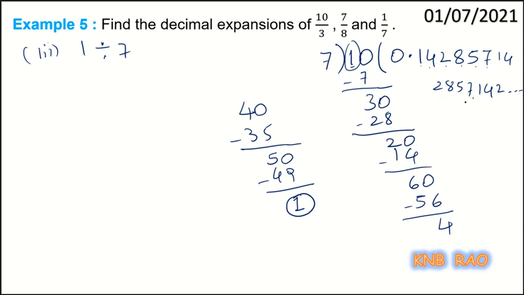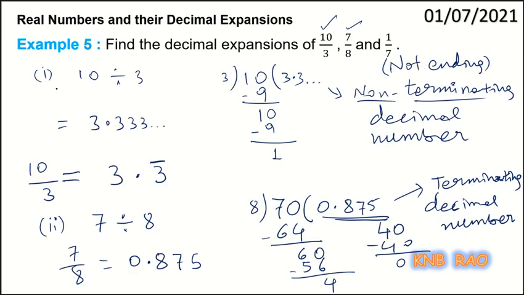This is some sort of a repetition. What you have seen in our first question, this 3 is repeating. It is non-terminating but repeating, isn't it? That repeating is the digits which we are getting in the same order. Okay.